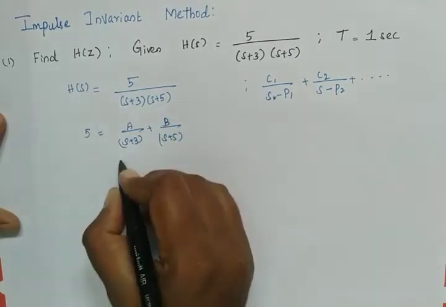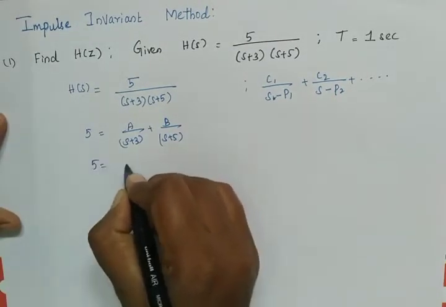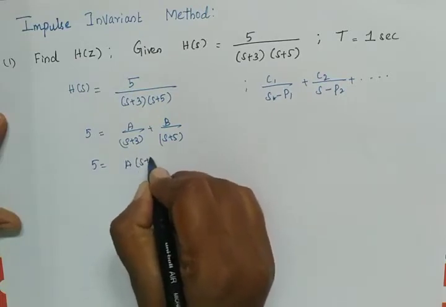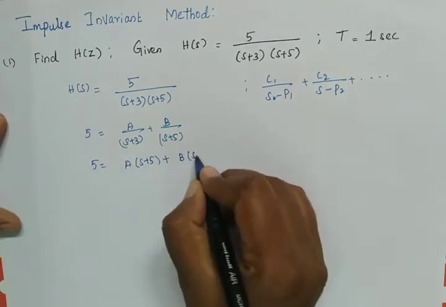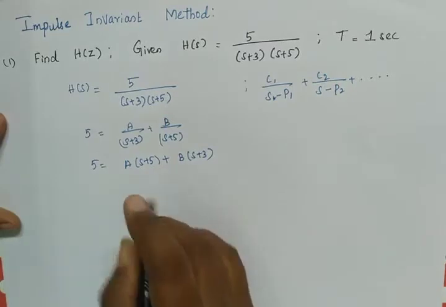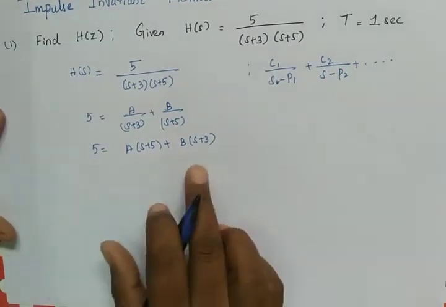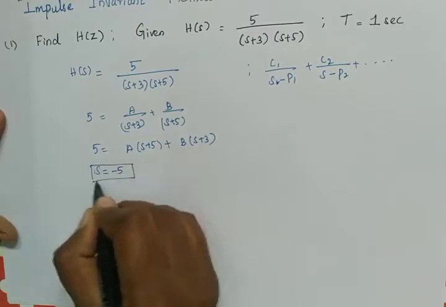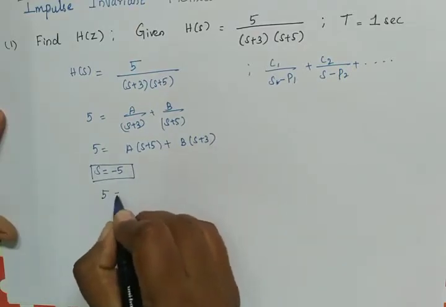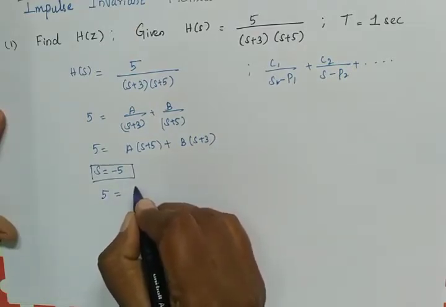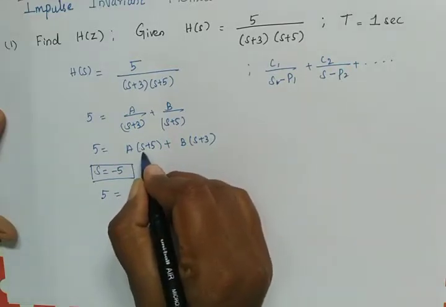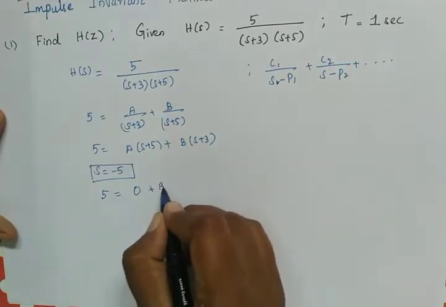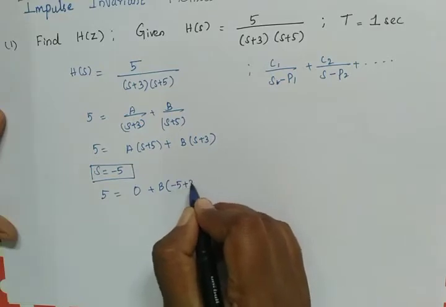So we can write 5 is equal to A into (s plus 5) plus B into (s plus 3). Now we have to find the values of A and B. Let us substitute s equal to minus 5. Then A term becomes 0, since minus 5 plus 5 is 0, plus B into (minus 5 plus 3).